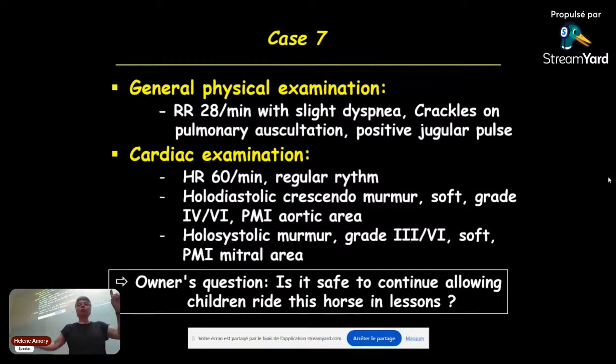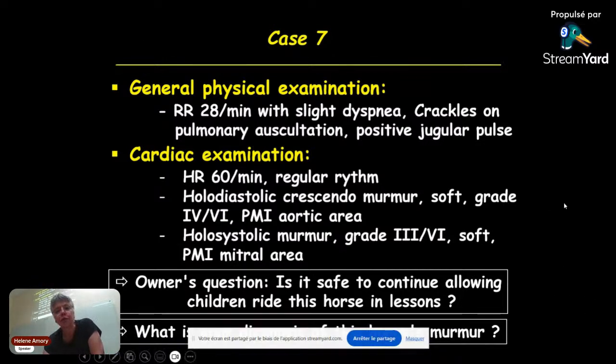But we also had a holosystolic murmur, grade 3 out of 6, also soft, with the point of maximal intensity in the mitral area, okay? And the owner, it's a riding school horse, asked you, could I continue to use this horse at the riding school?